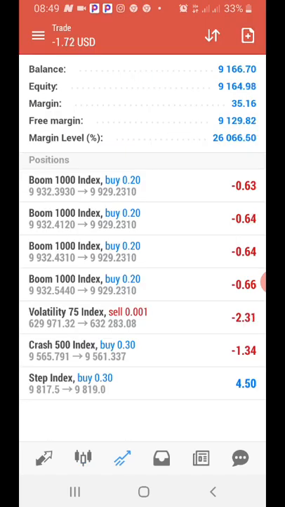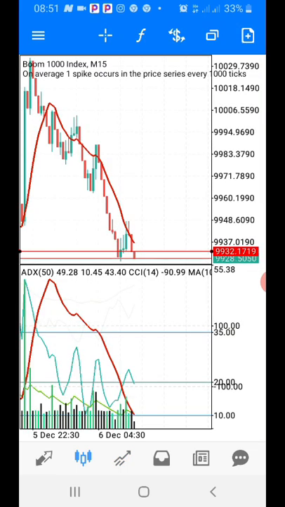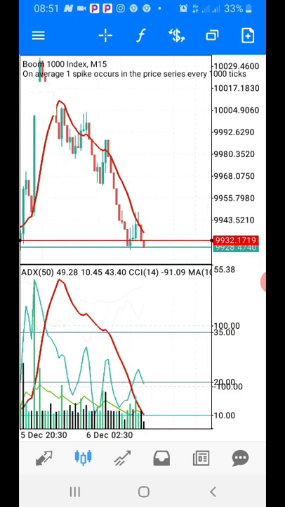We're still waiting for the spike, so we just need to be patient. Something I encourage people to do is to analyze their market also from a higher time frame. This is the 15-minute time frame for Boom 1000, so we're trying to confirm our 1-minute time frame analysis. Using the strategy, we found that the red moving average crossed below the green line, which indicates a buy.